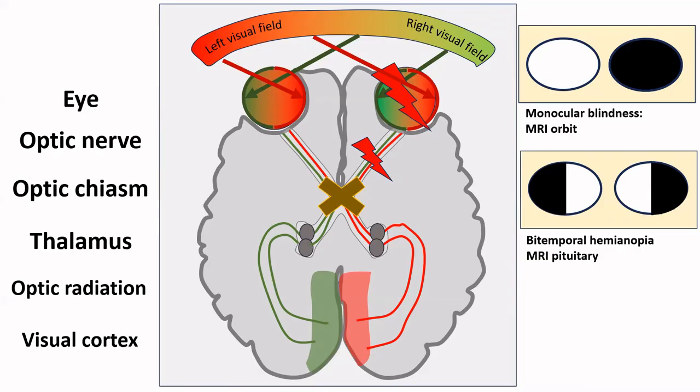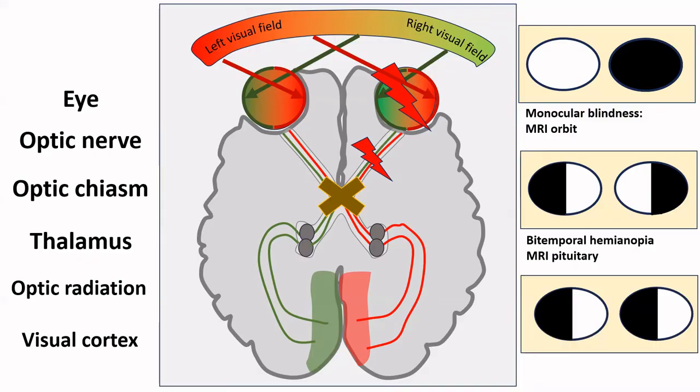And these patients, if a patient has bitemporal hemianopia, will benefit most from an MRI of the pituitary, because the most likely cause will be a space-occupying pituitary or sellar tumor compressing the optic chiasm. And finally, if a lesion occurs anywhere along the course of the optic tract, the radiatio optica, or the occipital cortex, patients will have what is called homonymous hemianopia, and they will benefit most from an MRI of the brain.